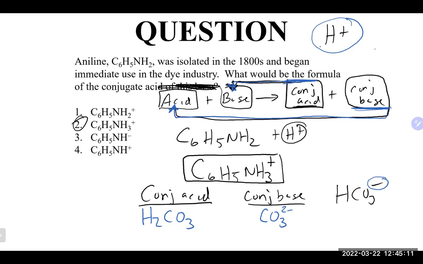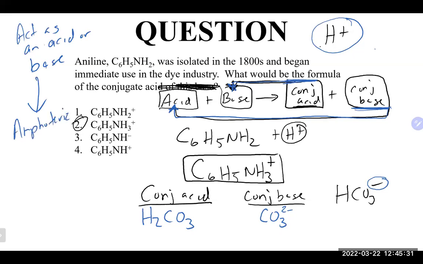Now, clearly in this case, this guy could act as an acid or base, and there are certain substances that have the ability to act as an acid or a base. Those are what are known as being amphoteric. So an amphoteric substance is a substance that can either act as an acid or a base.